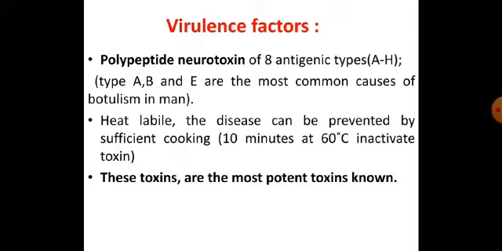Virulence factors: botulinum toxin is a very potent neurotoxin of 8 antigenic types from A to H. Types A, B, and E are the most common causes of botulism in man. These are heat labile toxins, and these toxins are the most potent toxins known.